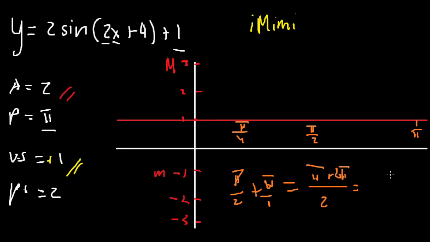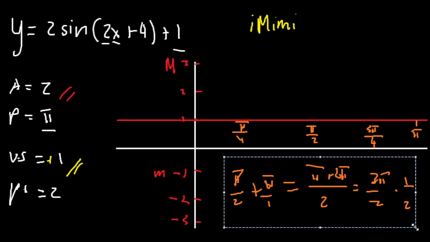Now, pi plus 2 pi will be 3 pi over 2. Now, divide it by 2 kasi kukunin natin yung nandito sa gitna. So, multiply it by 1/2. 3 pi times 1 will be 3 pi. 2 times 2 will be 4. Now, ito na yung ating intervals.